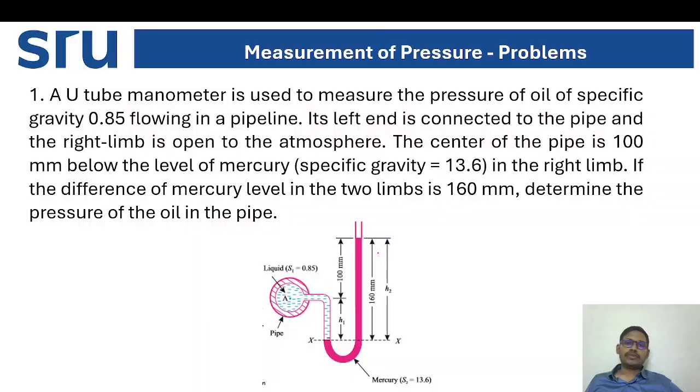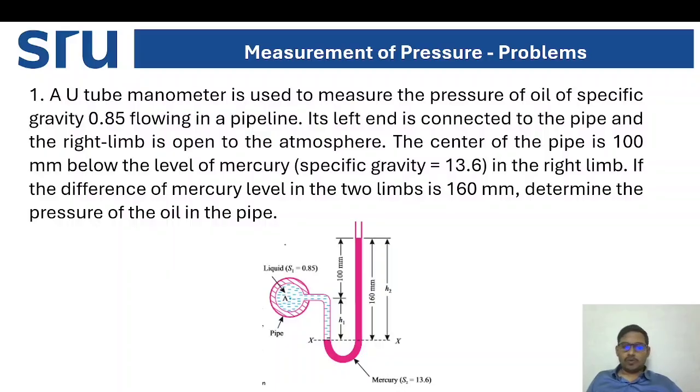So one problem we will see. Read it, try to understand the problem. A U-tube manometer is used to measure the pressure of oil of specific gravity 0.85 flowing in a pipeline.